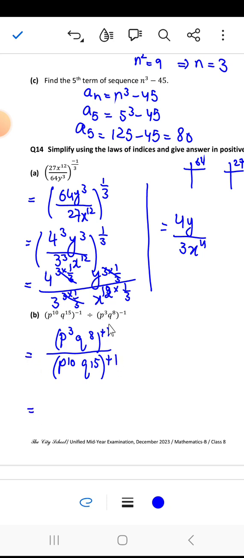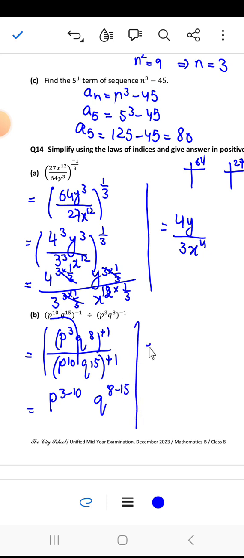Because power 1 does not change the powers, I will simply change. Now this is very important. If you apply law number 1 here, it will be 3 minus 10, and if you apply law number 2, it will be q minus 15.